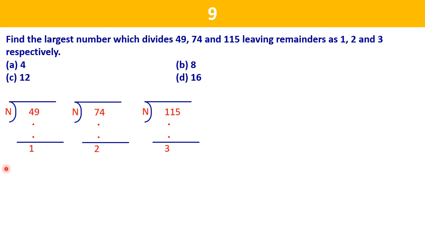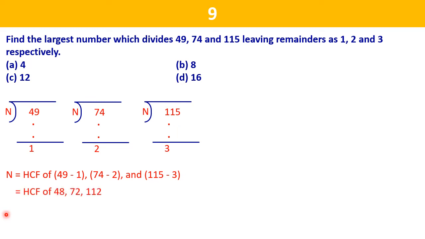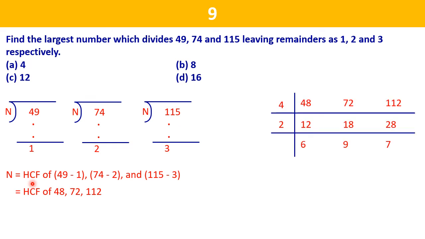So what I will do, I will subtract 1 from 49, 2 from 74 and 3 from 115. The leftover number will be definitely divisible by n and the largest possible value of n can be found by taking HCF of these three numbers, that is 48, 72 and 112, which comes out to be 4 into 2, that is equal to 8.